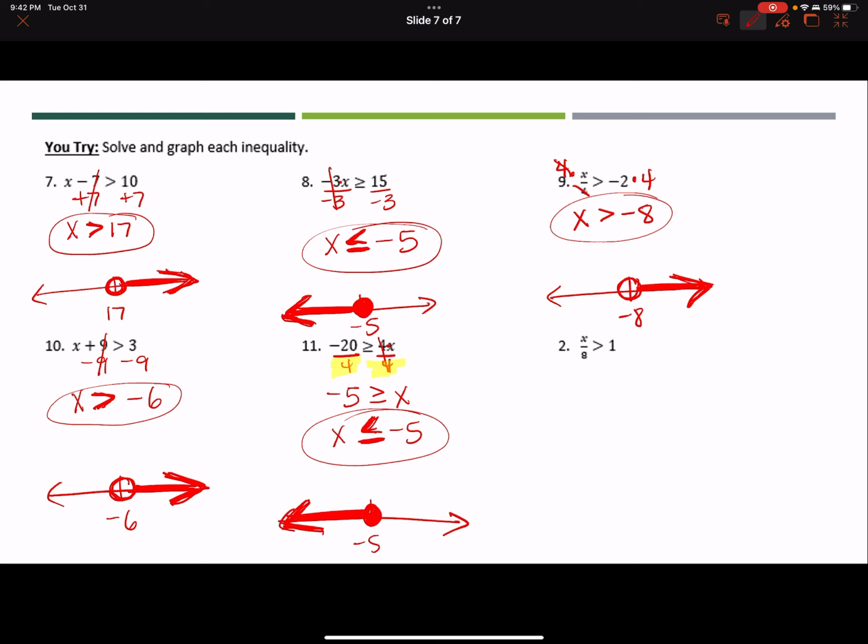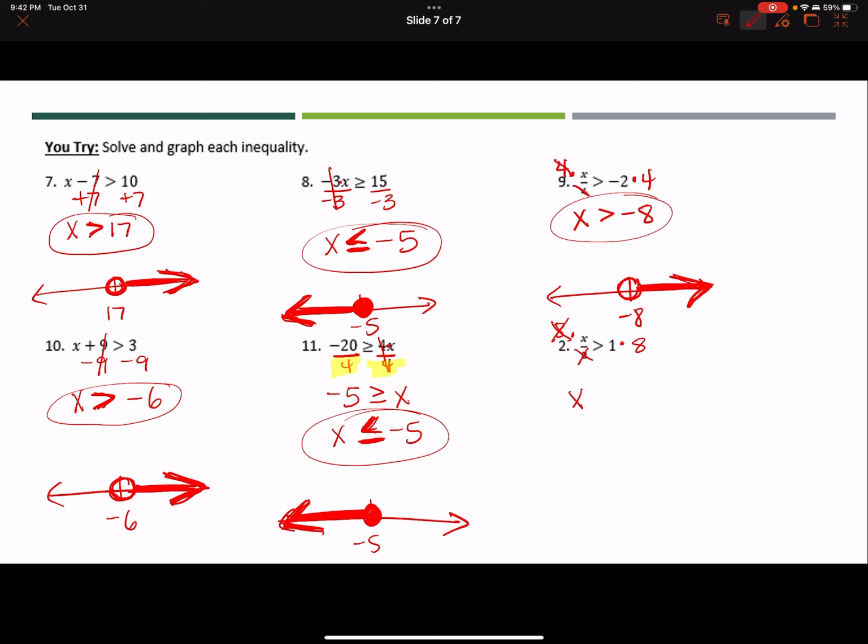And then finally, number 12, x over 8. Remember, a fraction is division. Opposite of division, multiplication. I'm going to multiply by 8. Whenever I multiply or divide, I think, okay, I'm multiplying by 8. That's positive, so I don't worry about flipping the inequality. Dividing by 8 and multiplying by 8, they cancel out.